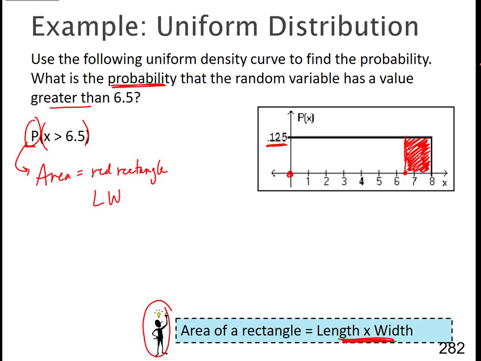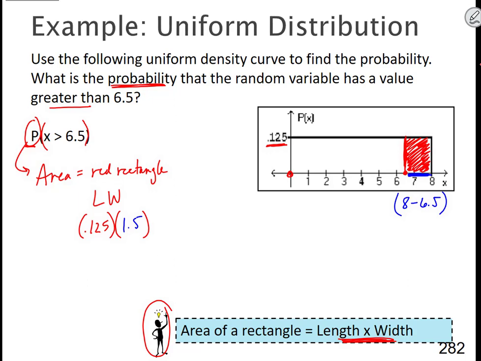Well, if you go straight up the side, you have 0.125. So I'm going to call that the length, otherwise known as the height. And then how do we find the width? Well, if you look at the graph, we're going from 6.5 to 8. So the distance is 8 minus 6.5, or 1.5.